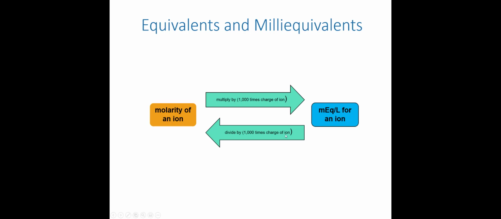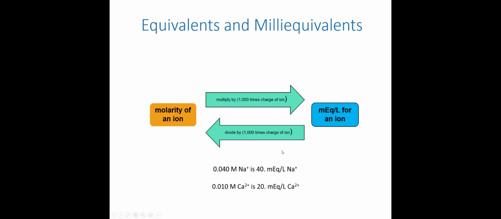So if we look at a couple examples here, if I know that sodium ion has a molarity of 0.040, sodium has a positive 1 charge, so we multiply this by 1,000 times 1. 1,000 times 1 is just 1,000. So 0.040 times 1,000 is 40 milliequivalents per liter of sodium.